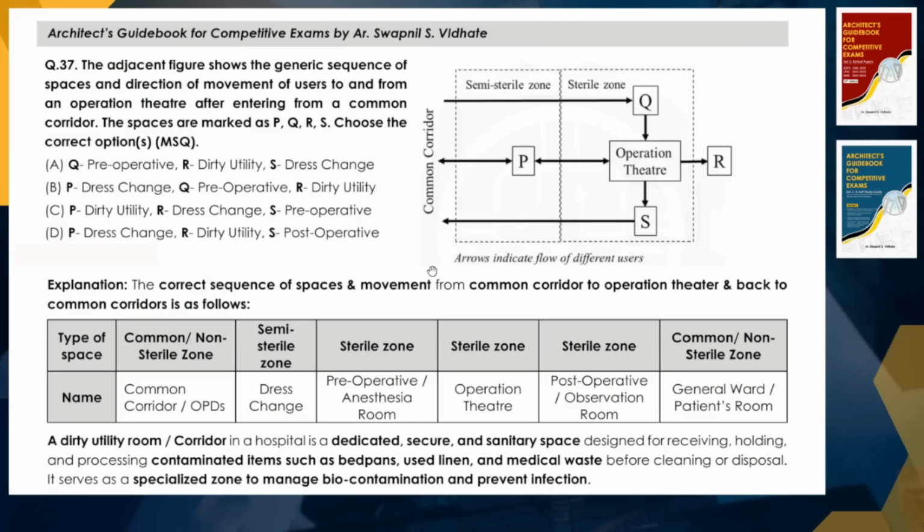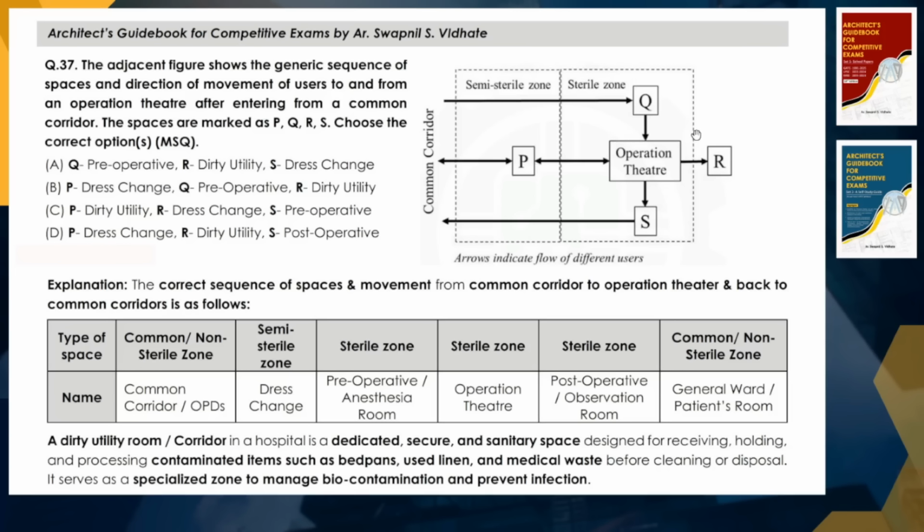What is R? This is called a dirty utility corridor in a hospital, which is a dedicated, secure, and sanitary space designed for receiving, holding, and processing contaminated items such as bedpans, used linen, and medical waste before cleaning or disposal. So all the contaminated material coming out from the operation theater will be taken out through a separate corridor, so that it will not come into contact with the semi-sterile or sterile zone once again.